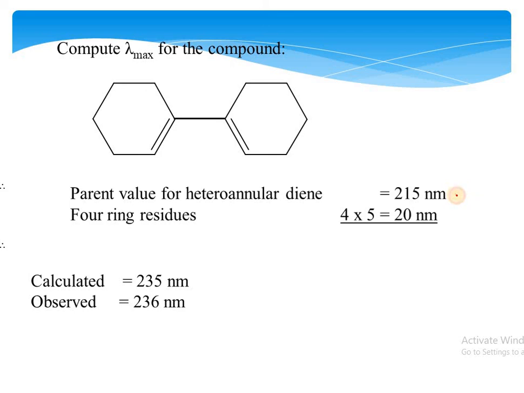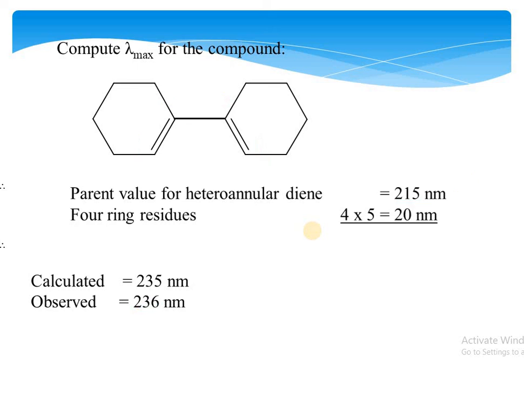A heteroannular diene has a base value of 215 nanometers, and in this, one ring residue is this, one is this, one is this, and one is this. So 4 ring residues are present, so 4 times 5, that is 20. The total comes out to be 235 nanometers, and the observed value is 236, almost the same. So we can easily calculate lambda maximum for any molecule.